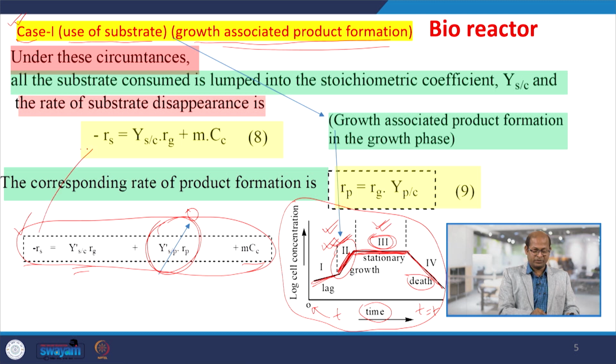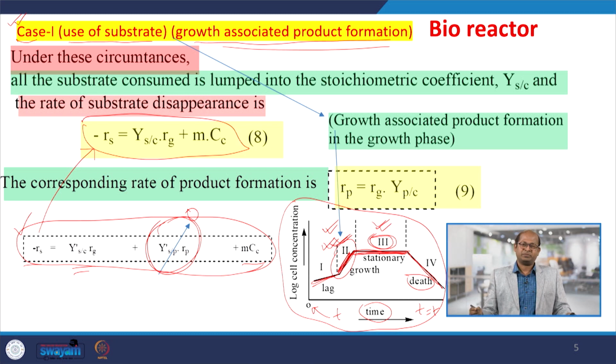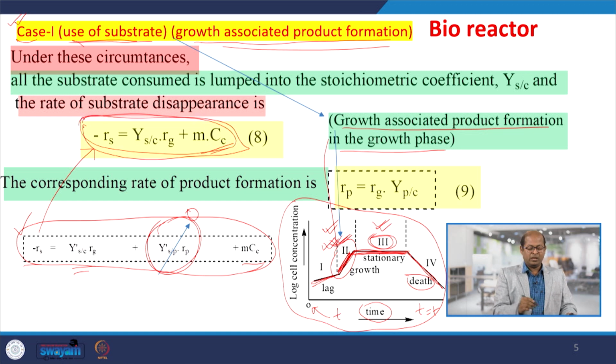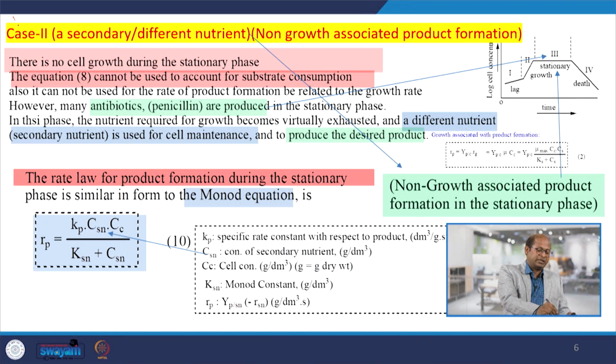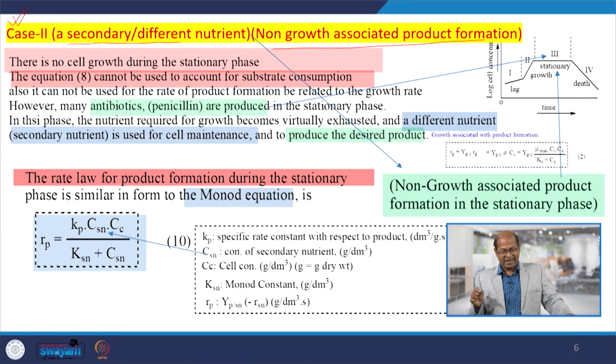So, we can write the equation this way. Here, the rate of substrate consumption is due to new cell formation as well as cell maintenance. In the growth phase, substrate consumption is there, along with any product formation at this stage. This way we can also find out how much substrate concentration is consumed at this stage in the growth phase.